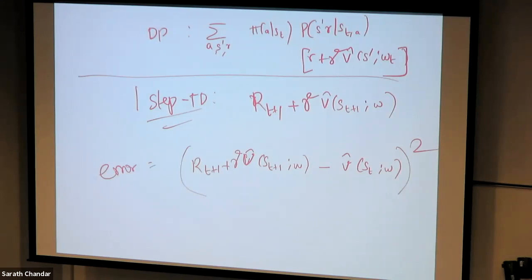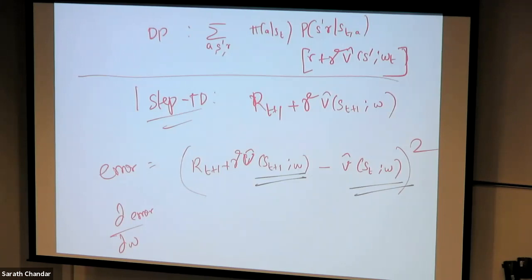Now, when I compute the gradient with respect to this particular error, if I compute dou error by dou w, okay, there is a problem here, right? The problem is you see w in both the target as well as the estimator that you are estimating.